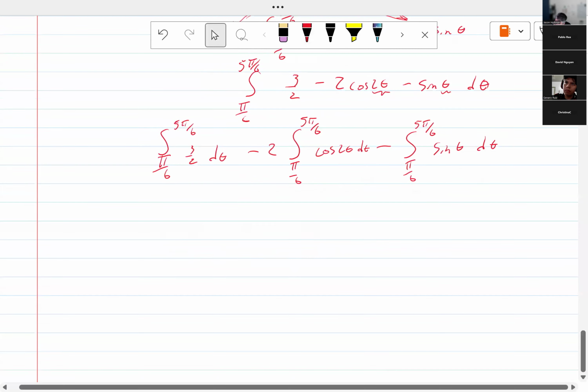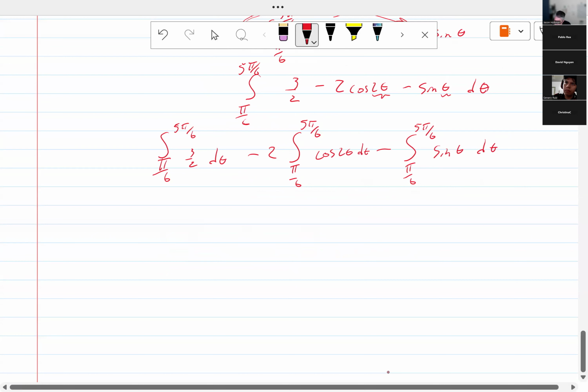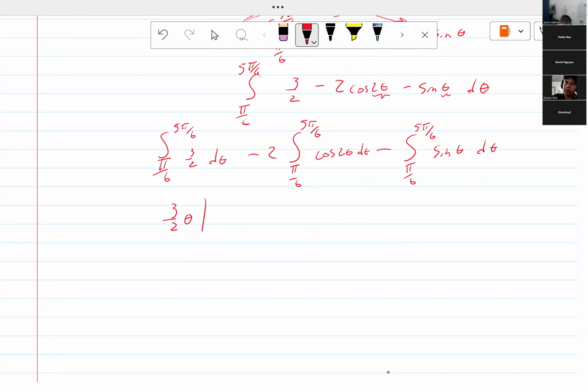Okay, the only one that we really have to worry about is the cosine 2 theta. The rest of them are pretty easy. This is just going to be 3/2 theta evaluated from pi over 6 to 5 pi over 6.